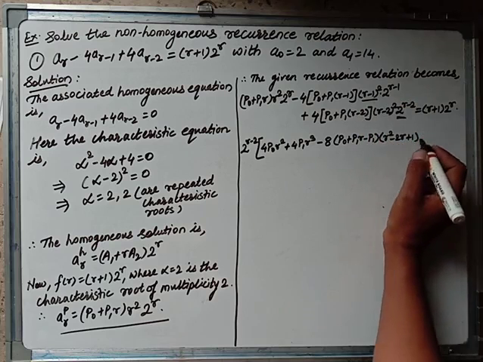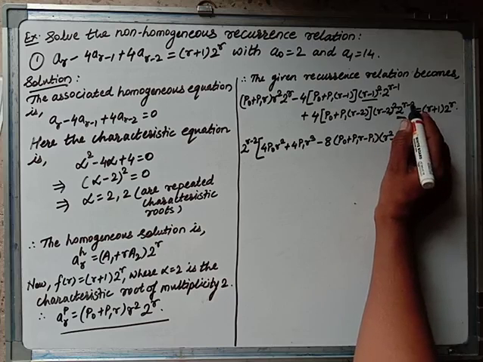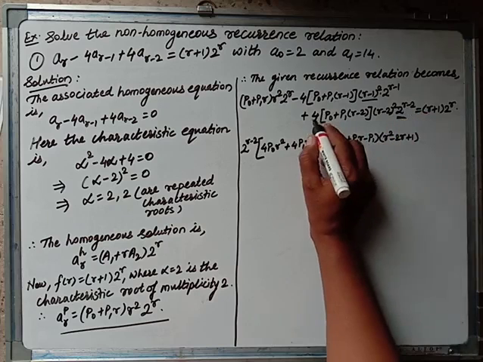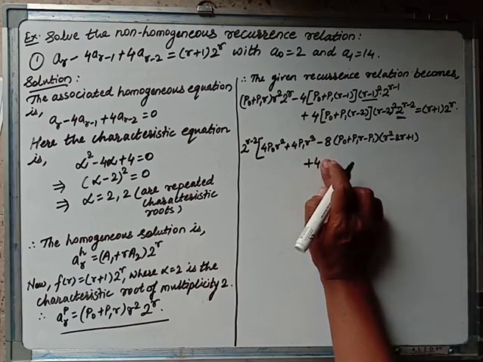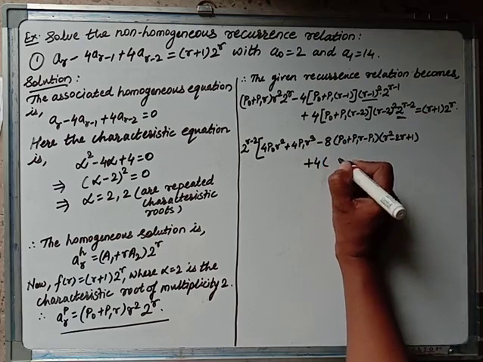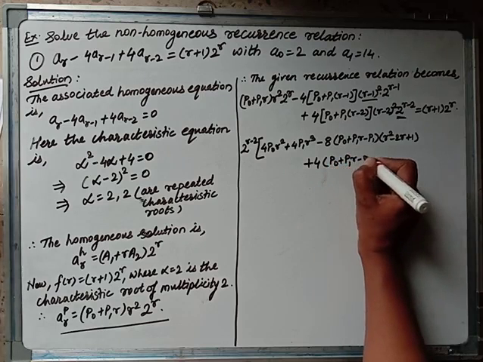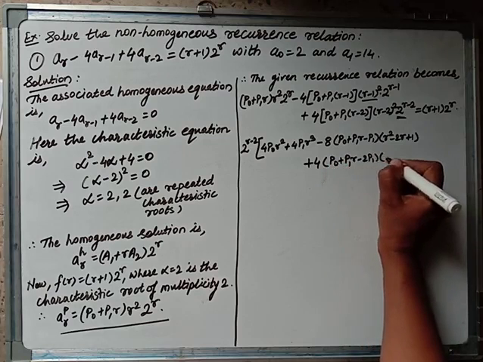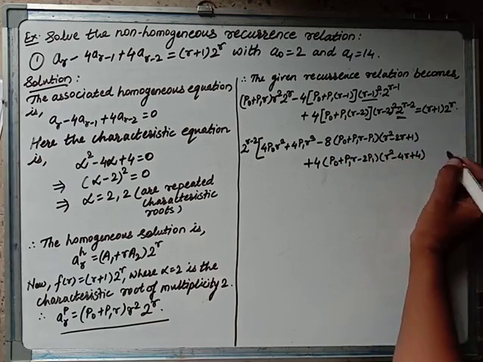Okay. Again, here 4 will be left, 1 will be left, so this 4 is as it is. 4 into the two brackets: (P0 plus P1 r minus 2 P1) into (r squared minus 4r plus 4).